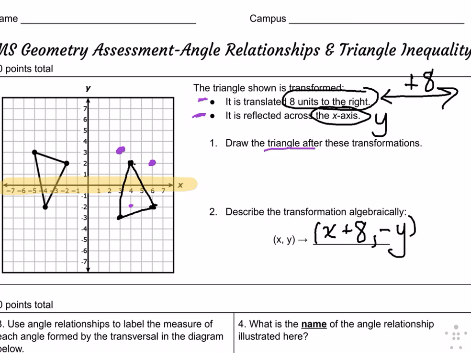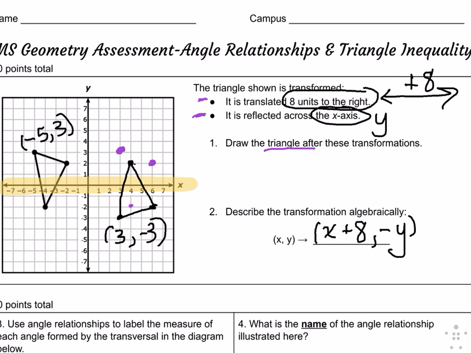Now, if you didn't realize that's how you did it, you can look at one of the points you have. For example, the original point on the triangle was (-5, 3). Look at the point that corresponds to it and see how it changed. The final point we got is now (3, -3).